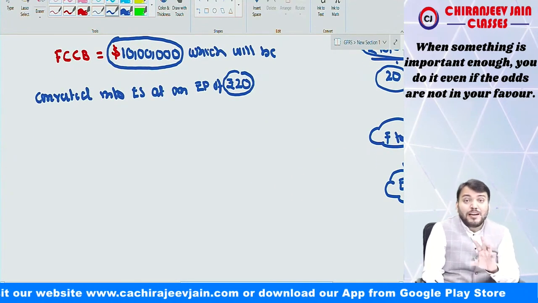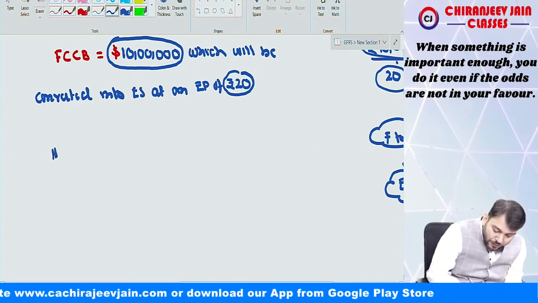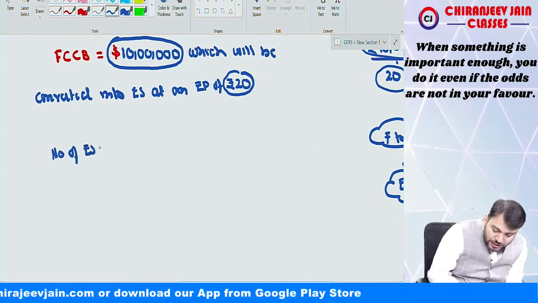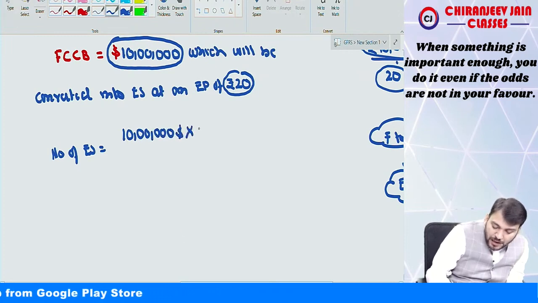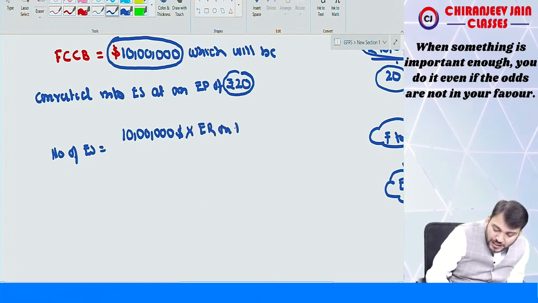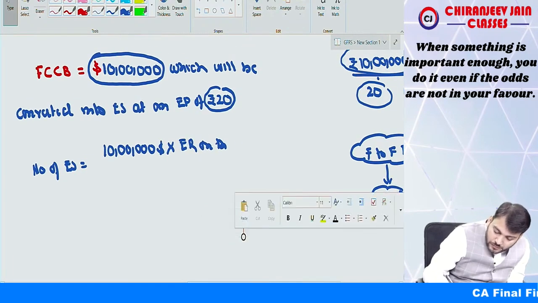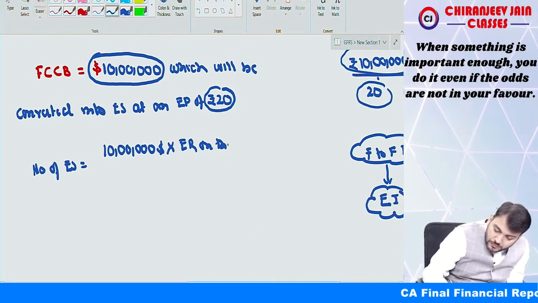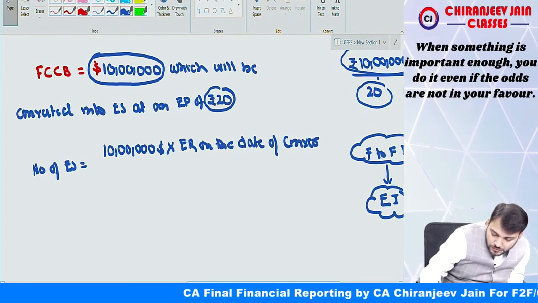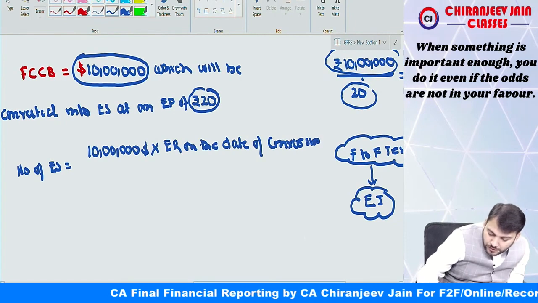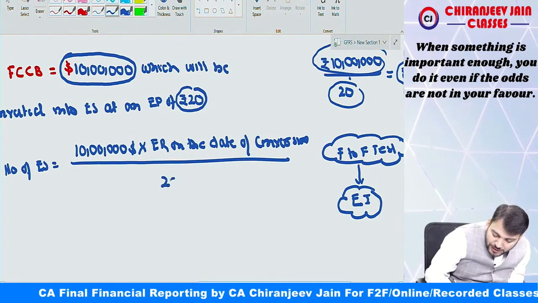If you want to find out the number of equity shares, the number of equity shares will be equal to 10 lakh dollar multiplied by the exchange rate on the date of conversion, divided by 20.